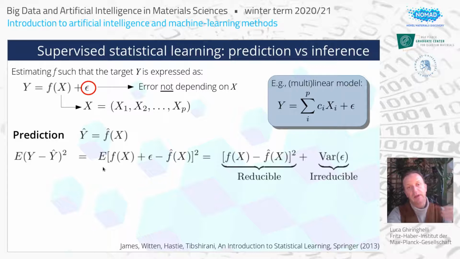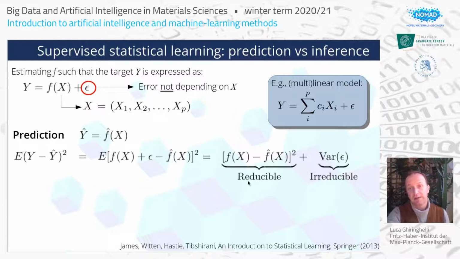Now here we are talking about the data that are not used to build the representation of f, the so-called training data. Here you're using so-called test data to evaluate the performance of the model, and some simple math would transform this expectation value into the sum of two terms that are both positive.